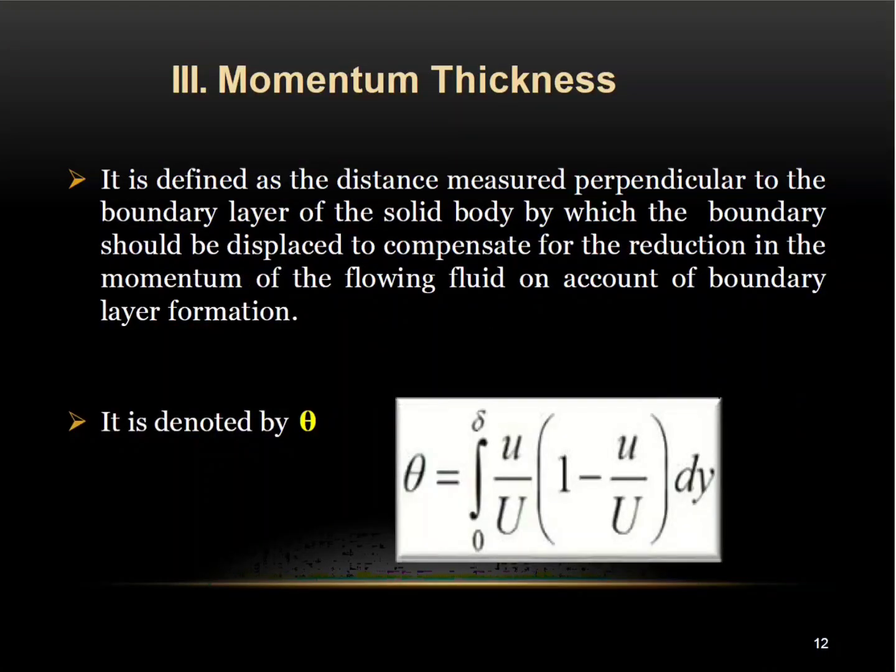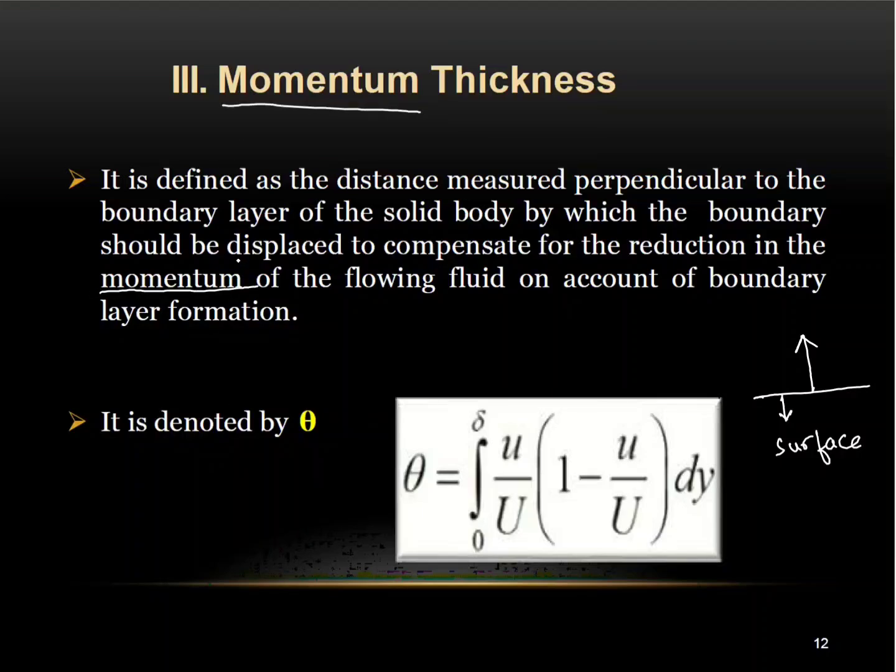And next comes the momentum thickness. So momentum thickness is very similar to displacement thickness. In displacement thickness, I told the amount by which the boundary layer has to be displaced to compensate what rate of flow. Here it is compensating the momentum.